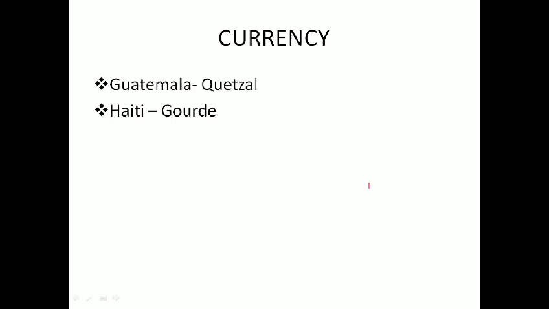So that's why they have given such a place to that gourd. That's the reason Haiti named its currency gourde. Yes, it is correct.